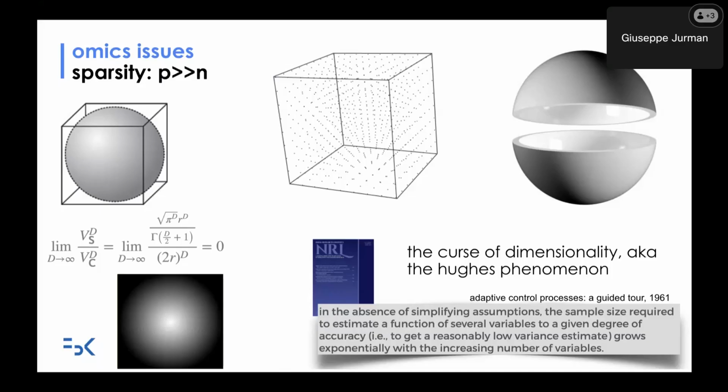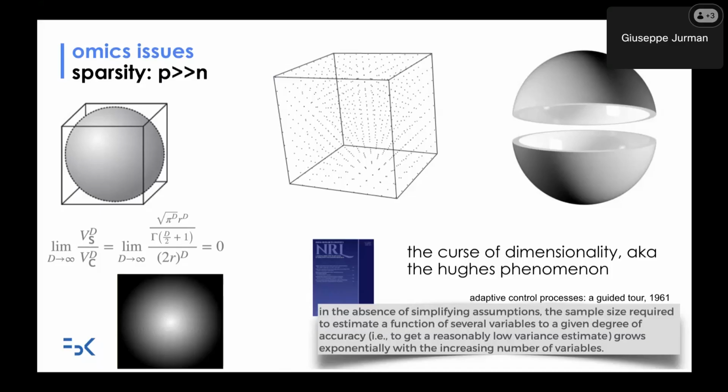In dimension 1, clearly, we are comparing two segments on the real line of length 1. So the ratio is 1. If we go in dimension 2, we are comparing the square of side 1 with the circle of diameter 1. So the relation is 1 versus pi.